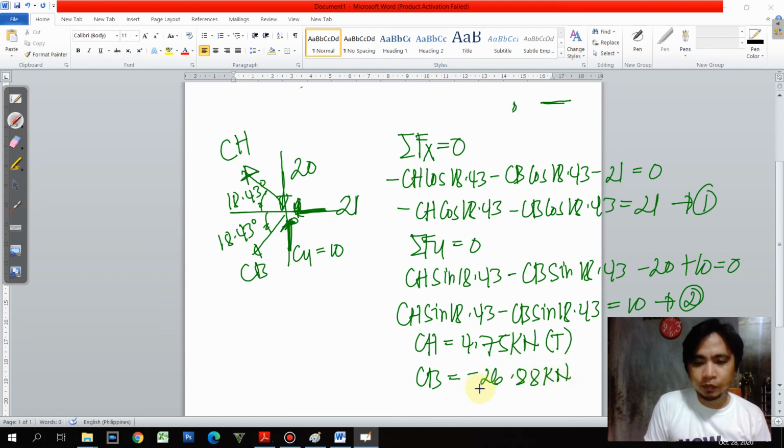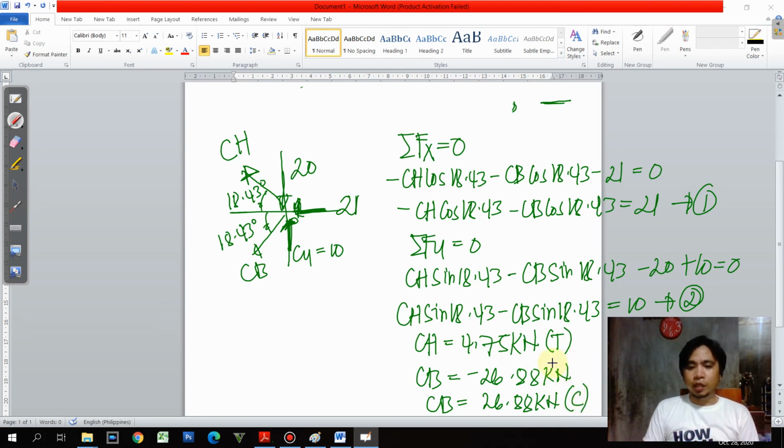So negative means it is assumed in a wrong direction. So CB is otherwise positive 26.88 kilonewton. So it was assumed initially to be tension. Therefore, this should be in compression. So this will be the solution for the second problem.